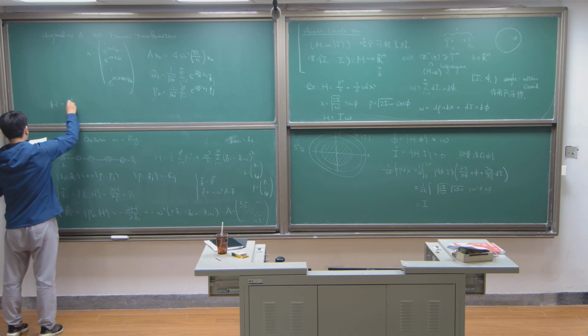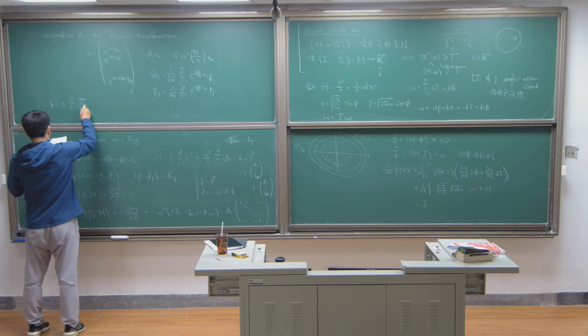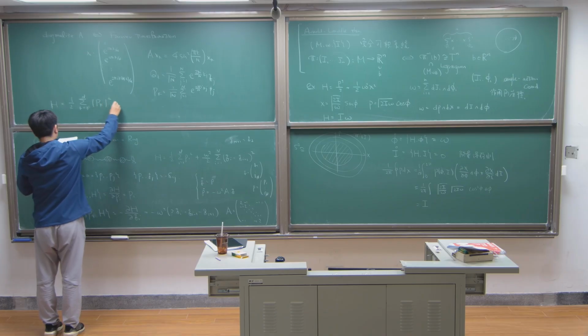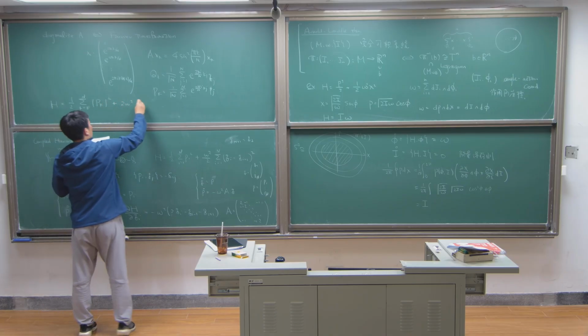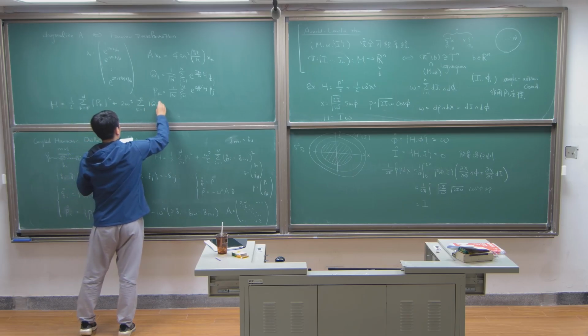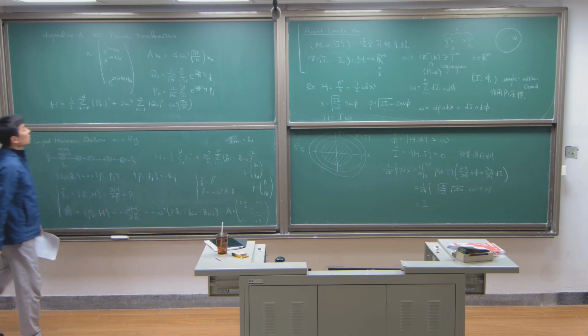The Hamiltonian is one half times the sum over k from 1 to n of P_k squared plus omega squared times the sum over k from 1 to n of a factor involving sine of pi k over n times Q_k squared.